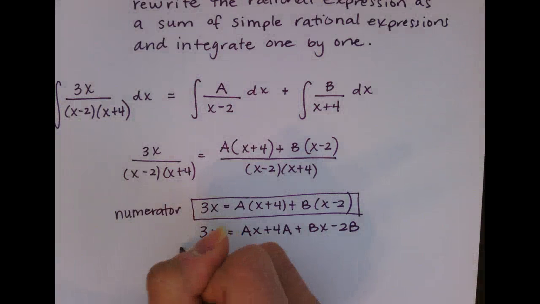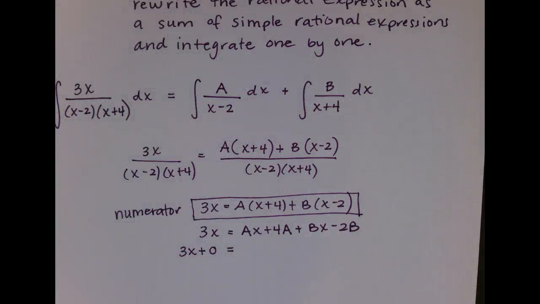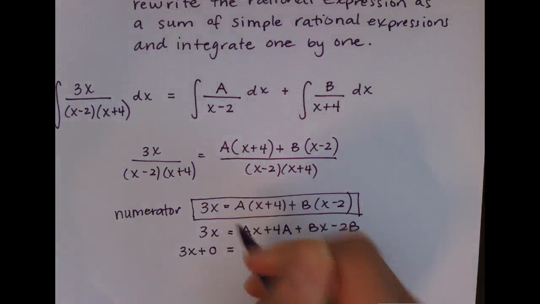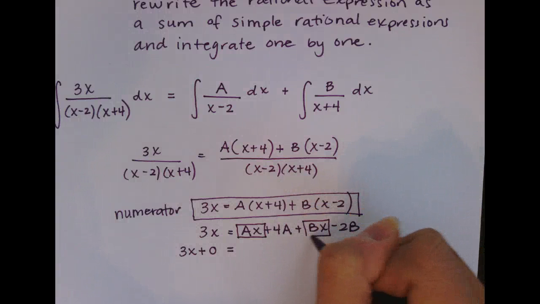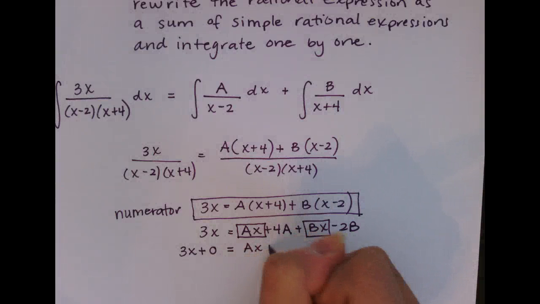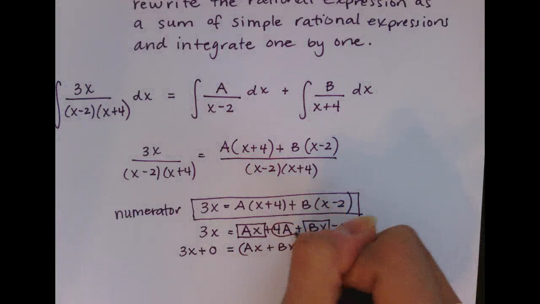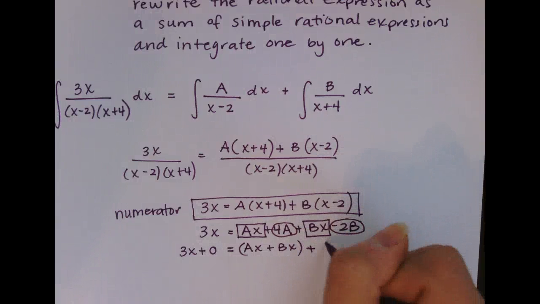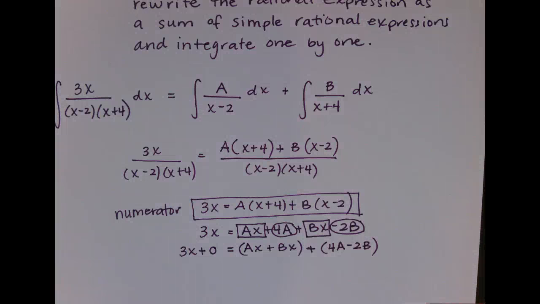But the idea here is that even though this is 3x, it's really 3x plus some constant 0. And so if I look at my x terms, I have two of them: Ax plus Bx. And then if I look at my constant terms, I have two of them as well: 4A minus 2B.